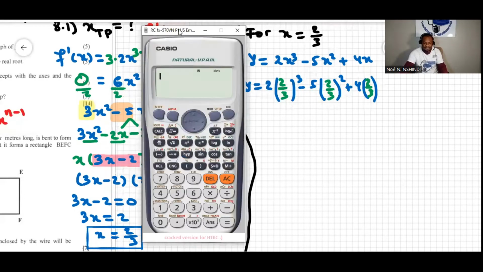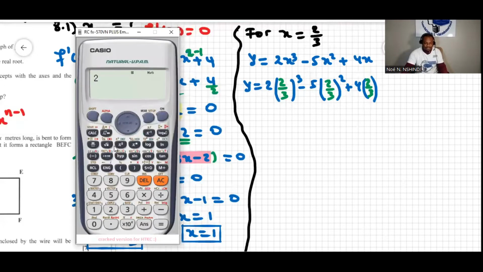Use a calculator. So this will be 2, open brackets, 2 over 3, to the power of 3, and then minus 5, open brackets, 2 over 3 to the power of 2, and then plus 4, 2 over 3 there, close bracket.